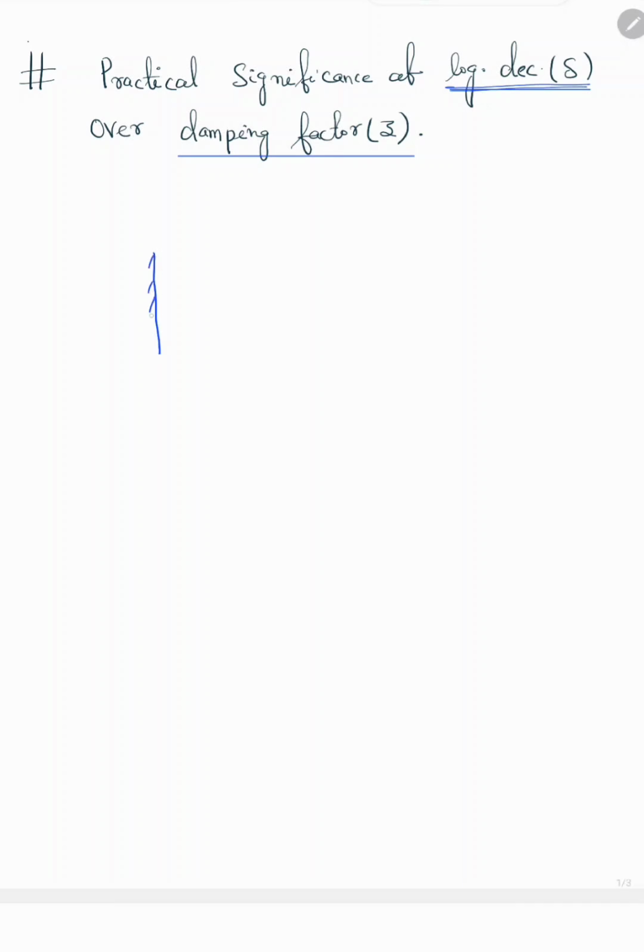Suppose this is a cantilever beam. If you design a beam, let's suppose for jumping into the swimming pool, some people jump over here into the swimming pool.